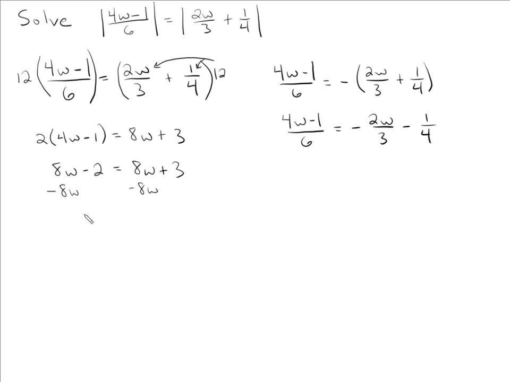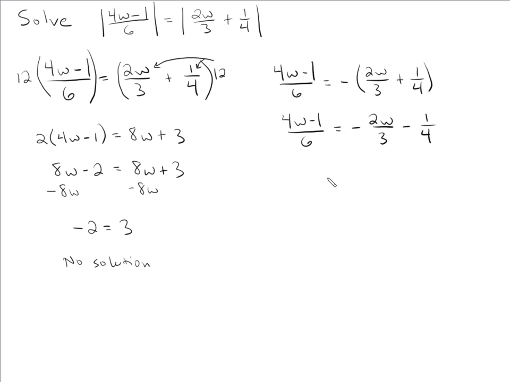And notice that that completely eliminates the w term. So what are we left with? Negative 2 is equal to 3. Well, negative 2 is not equal to 3. So what does this tell us about this particular problem? It tells us that there is no solution to that part of it.